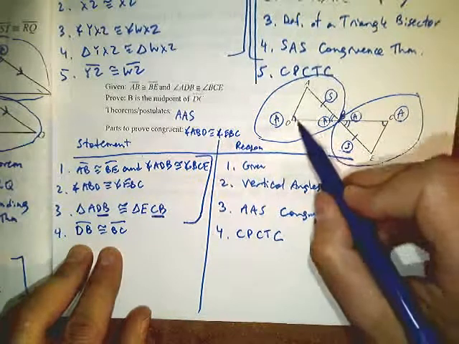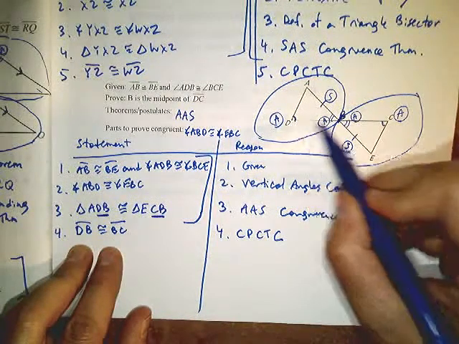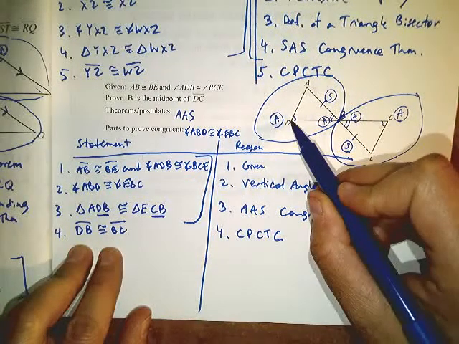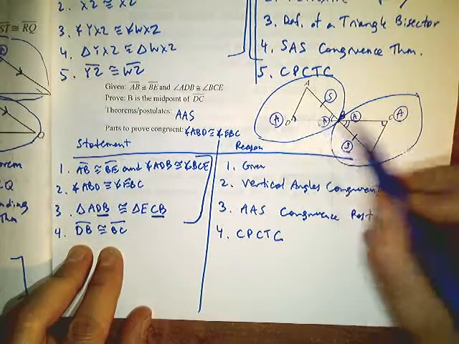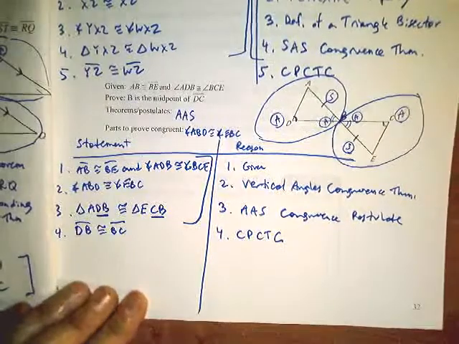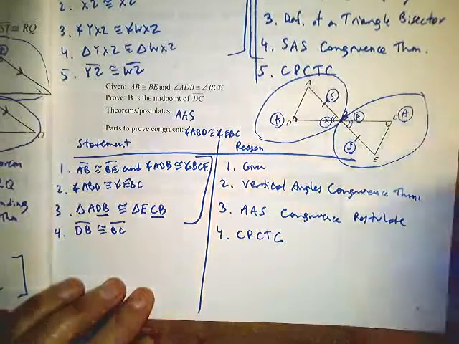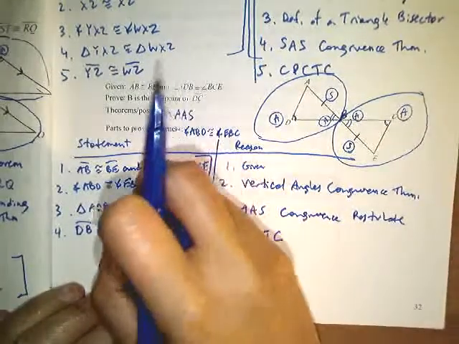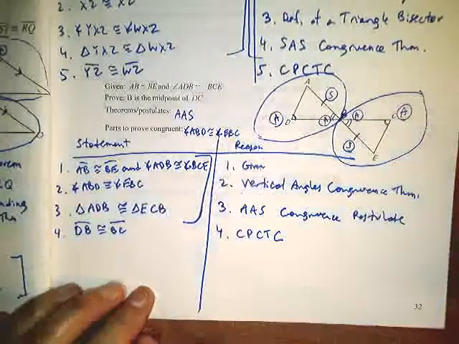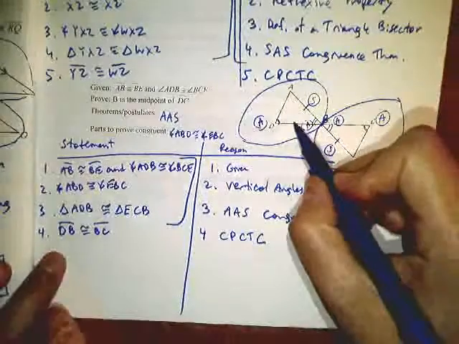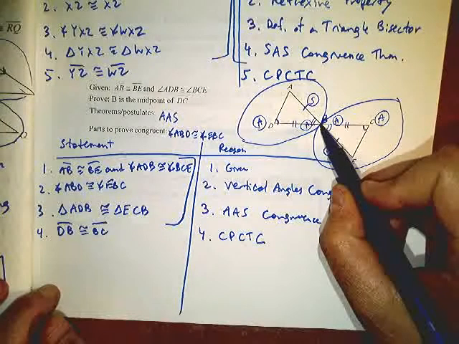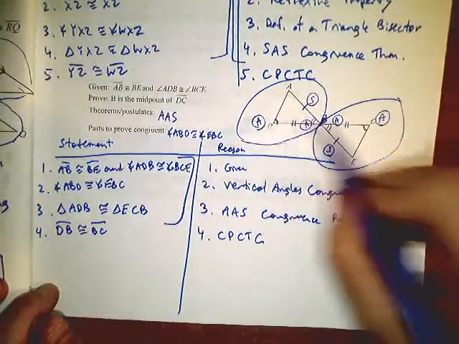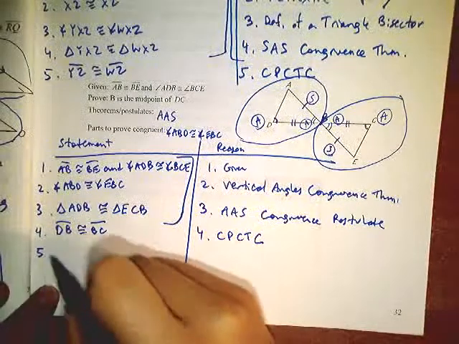And you can tell that they're corresponding even here the way we've marked it. This side goes from the single angle to the double angle mark, and same thing here, single angle to double angle, so they'd have to be the corresponding sides of two congruent triangles from step 3. Once we know that this length here is the same as this length here, then we can say that B would have to be exactly in between D and C. That's called the midpoint.